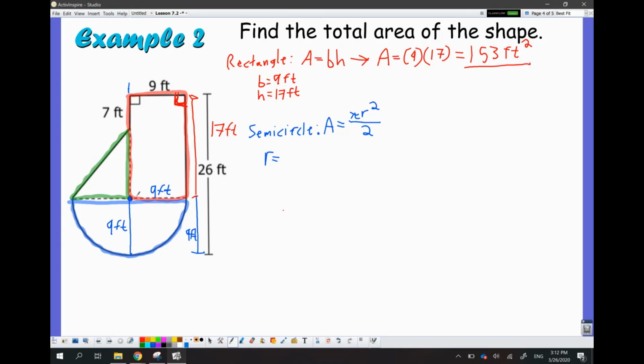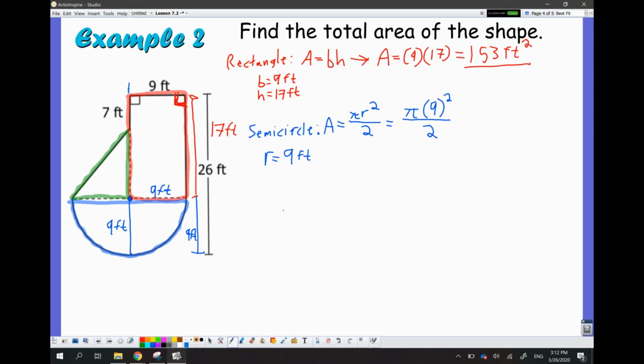Now, I already know the radius since I needed it to find the area of the rectangle. I know the radius is 9. So the radius r is 9 feet. So now I'm going to plug that radius into my area formula. So I have pi parentheses 9 squared divided by 2.